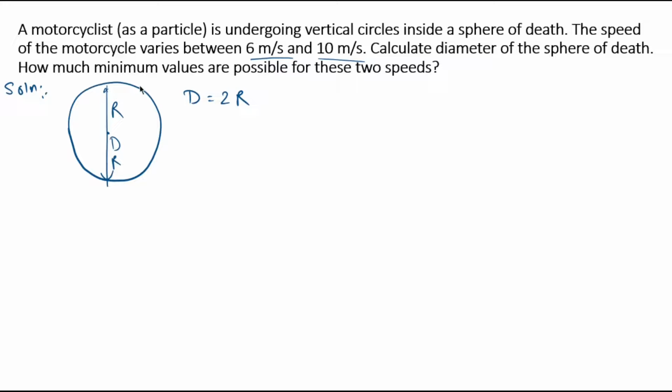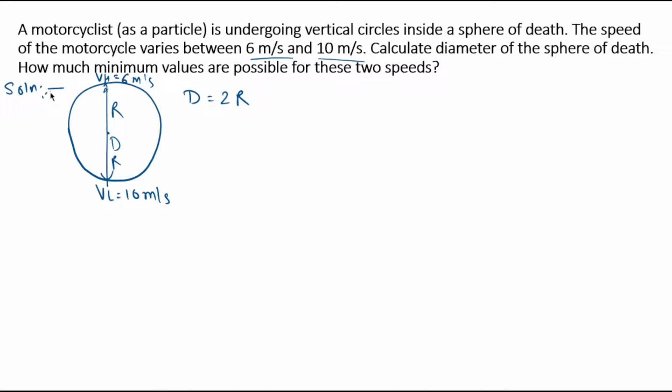So we know that at top, that is Vh, the speed will be 6 meter per second, and as it comes down the speed increases to Vl, which we can take as 10 meter per second, and again while rotating upwards its speed decreases to 6 meter per second, and while coming down it goes to 10 meter per second.